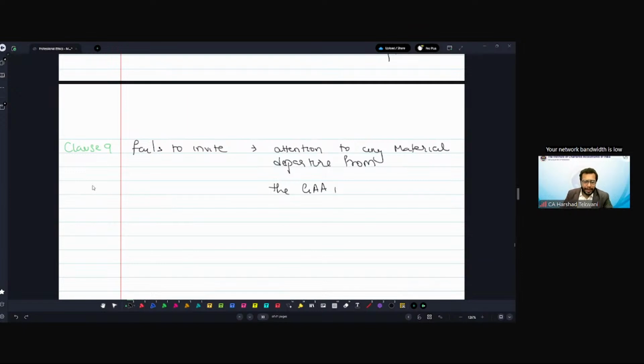I should not write GAAP. It will be accounting principles. Generally accepted audit procedure, accepted procedures of audit applicable in instances.